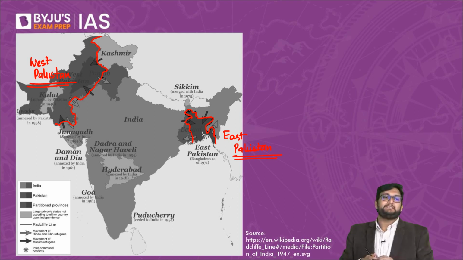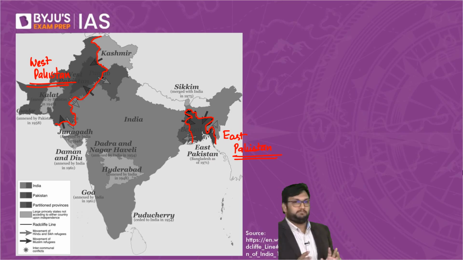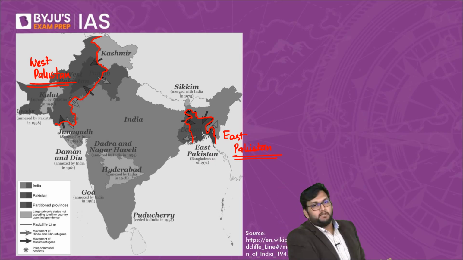And the irony is that there was no connection between the two. That is the irony here. The only way these two Pakistans could interact was via air. Actually through only airways.